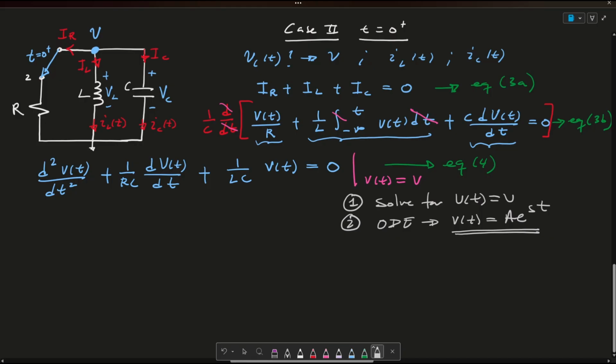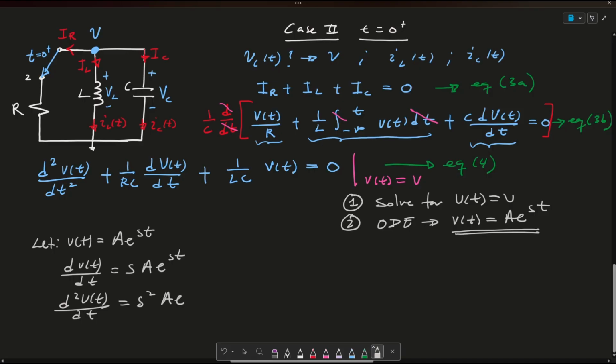But essentially, we can show this by saying, for example, let V(t) equate to A e to the st. Then dV(t) over dt is equated to s A e to the st, and d squared V(t) over dt squared is equated to s squared A e to the st. Let's go ahead and sub these functions into equation number 4.